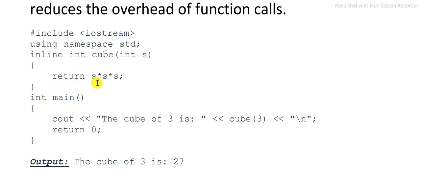We return the cube, which is multiplication, so s into s into s. Now we write the main function. The cube of 3: we pass the value 3, so the output should be 27. Return 0. The cube of 3 is 27.